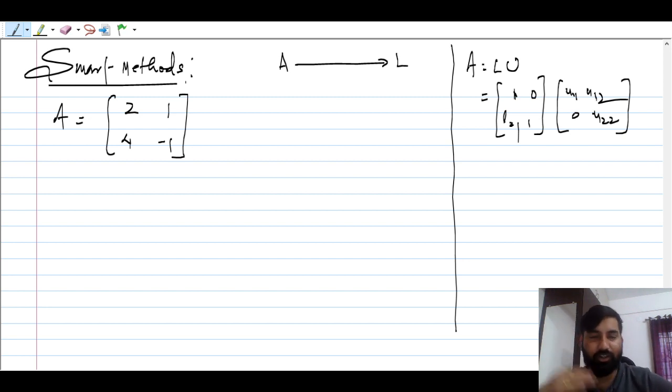Understood? Or you can also get the upper triangular matrix, right? So from A matrix we will get the lower triangular matrix. How to get this lower triangular matrix, that is a question, right? I think everybody knows how to get it. By any means you have to get the lower triangular matrix, or you can also get the upper triangular matrix, right?